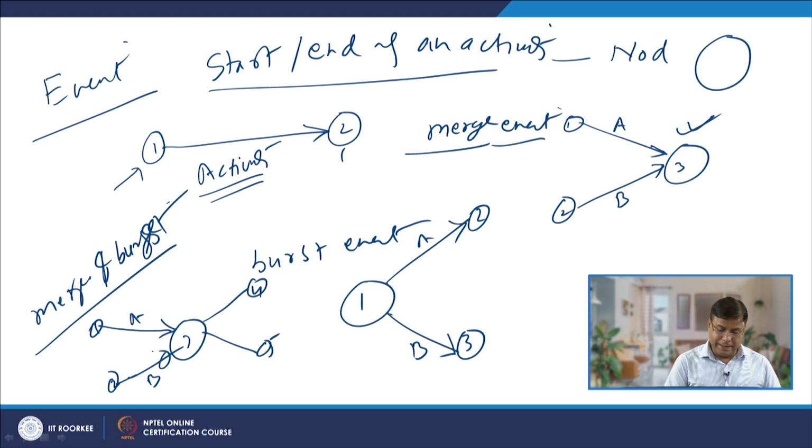Activities A and B are merging at 3, and the bursting is taking place at event 3 for activities C and D. So, here it combines both the merge and burst events.